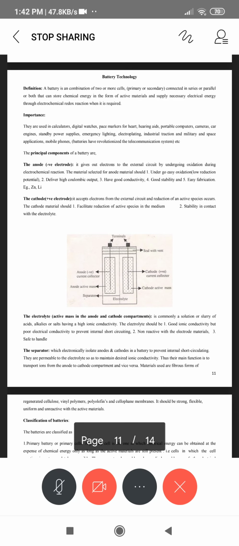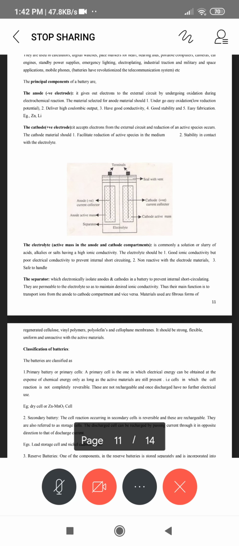So this is the definition that chemical energy is changed into electrical energy. One more point is that it works on demand.